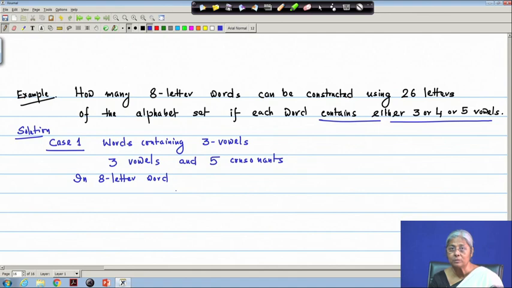In the 8 letter word, how many ways can 3 vowels be chosen?